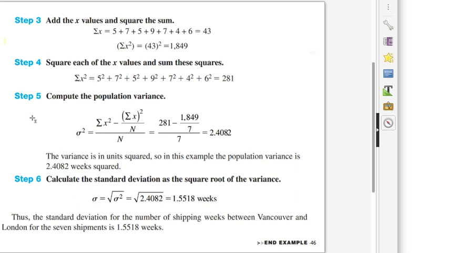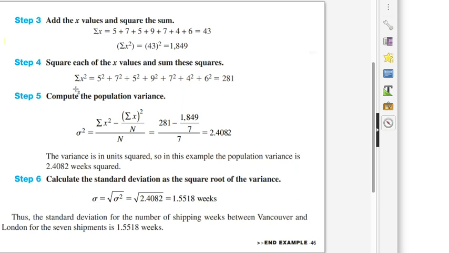Now step 5, compute the population variance. Now what is the population variance? In this formula, we just substitute what is now known from step 4.